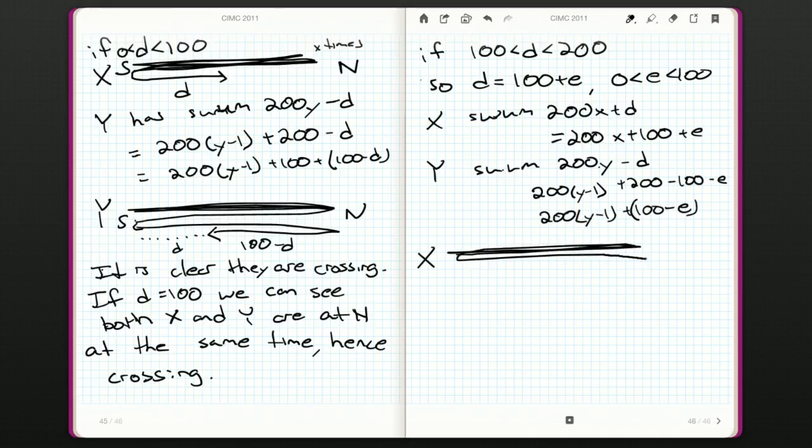He goes all the way to N, and then he comes back a distance e. It's heading in this direction. And y is just a multiple of 200, so he's at S. Then he comes back 100 minus e.